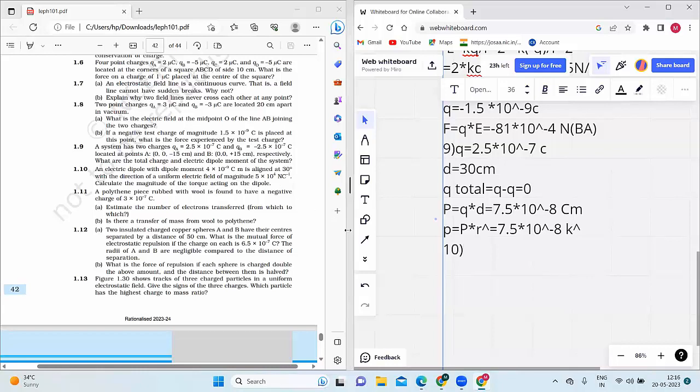The given magnitude of dipole moment is 4 into 10 power minus 9 coulomb meter, and the angle theta is 30 degrees.